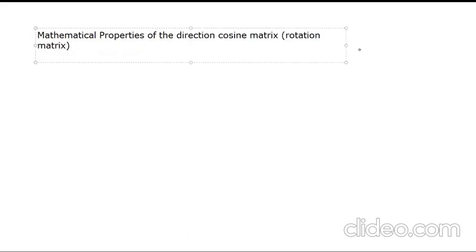These things have properties, and the properties are dictated by the fact that we started with a basis, we really need to keep a basis. So one of the properties of basis vectors.